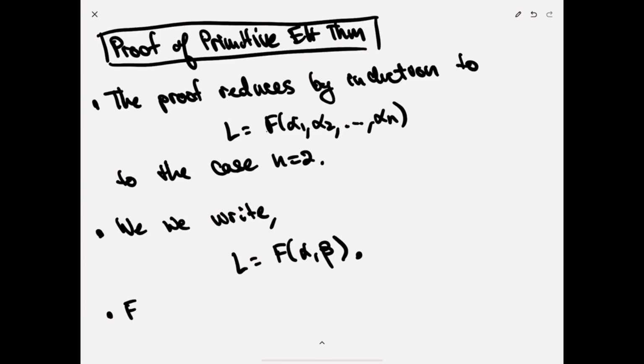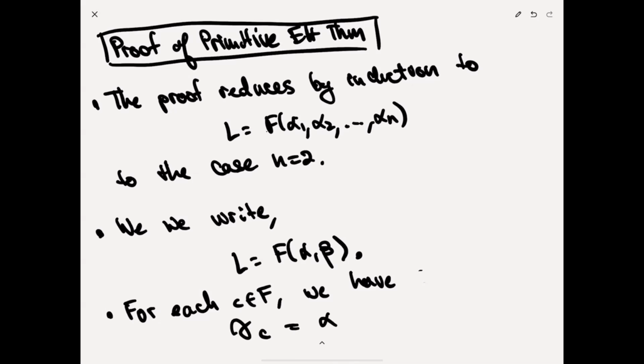For each element C of our field, of which there are infinitely many, we have an element gamma of C, which is alpha plus C beta. So this is an element of L.